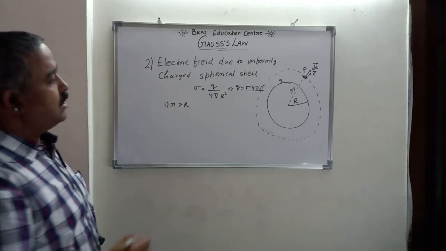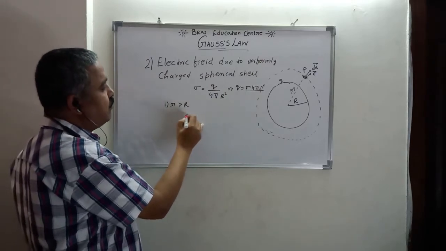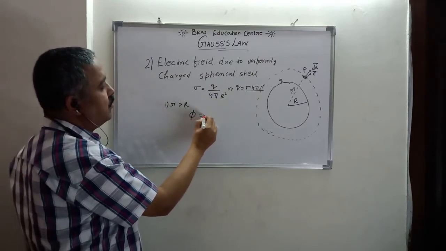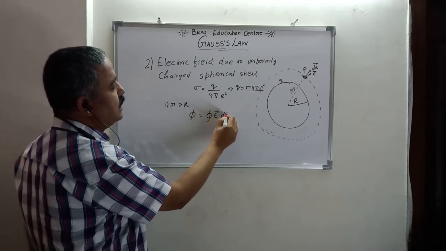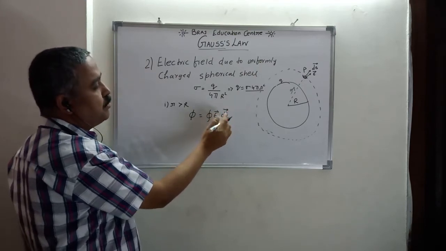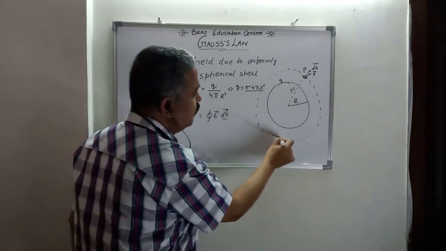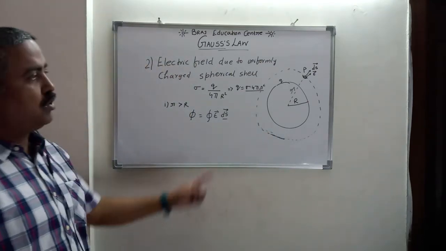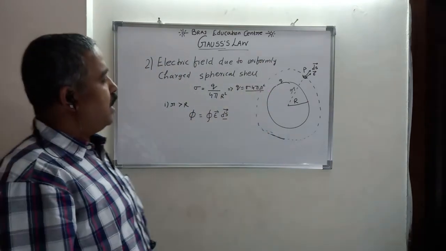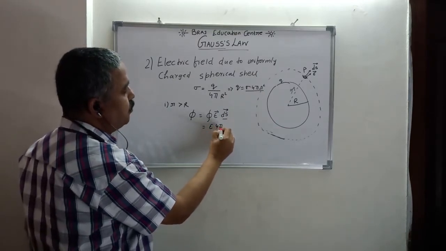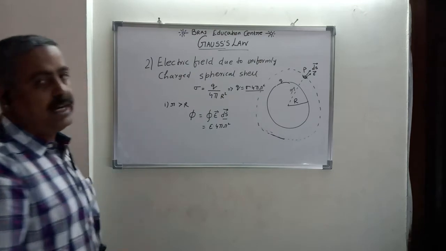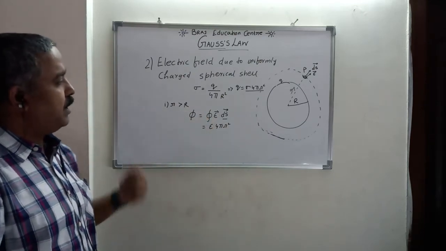As we had done earlier, we start with our definition of electric flux. Electric flux is the integral of vector E dot vector dS. When we take the surface area, we find the surface area of this Gaussian surface. So the Gaussian surface, remember, radius is small r. So this becomes E dot 4 pi r square, with the angle being 0, cos 0 is 1.